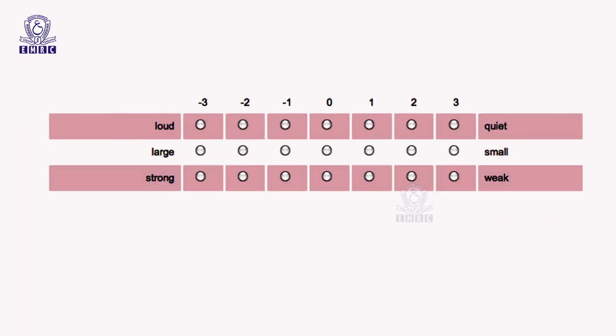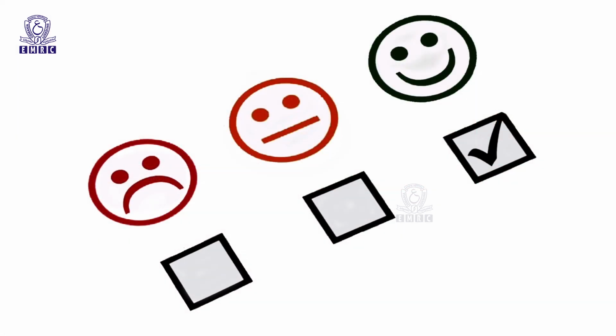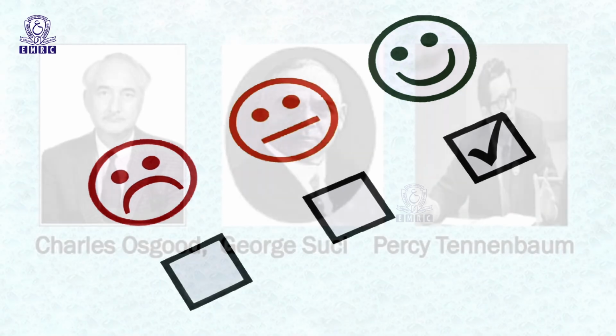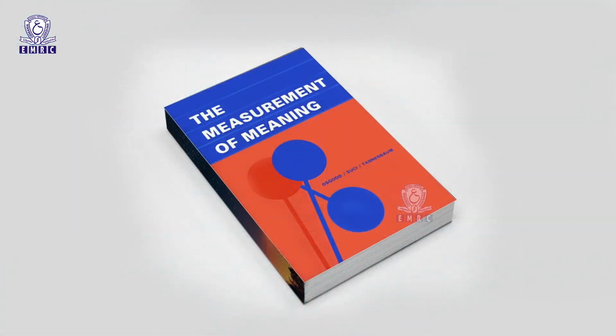This rating scale is designed to measure the connotative meaning of objects, events and concepts. The theoretical and instrumental basis of this technique was built by Osgood and Tannenbaum and presented in their seminal book The Measurement of Meaning, way back in 1957.